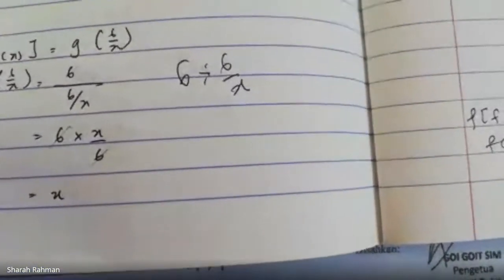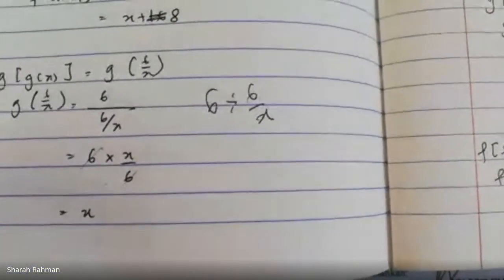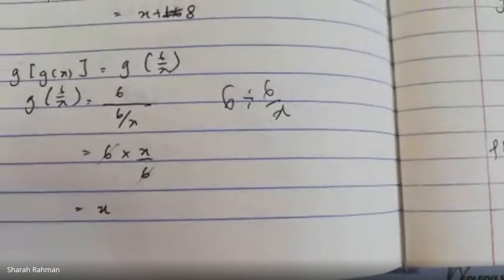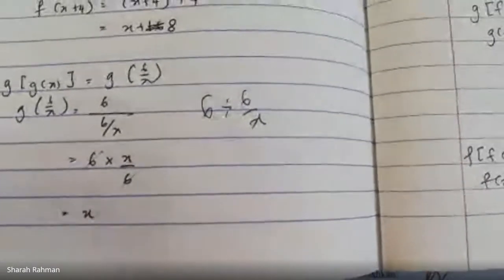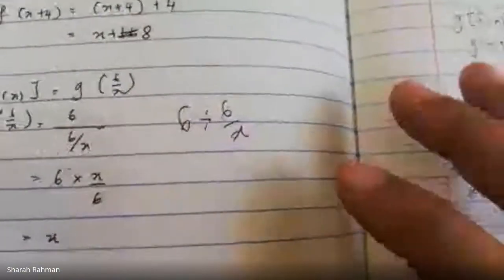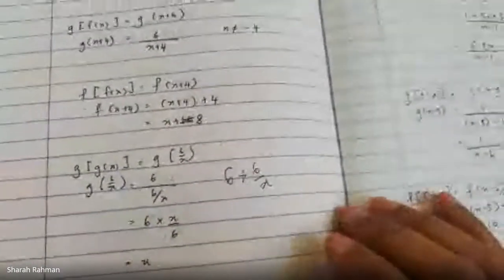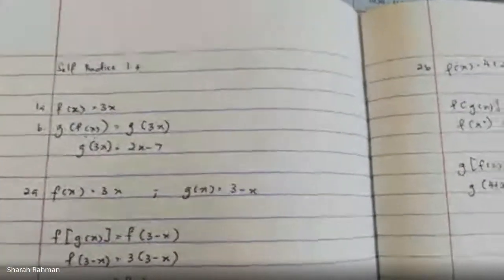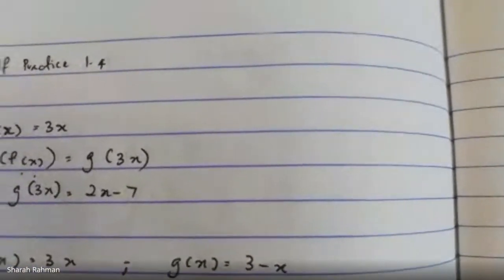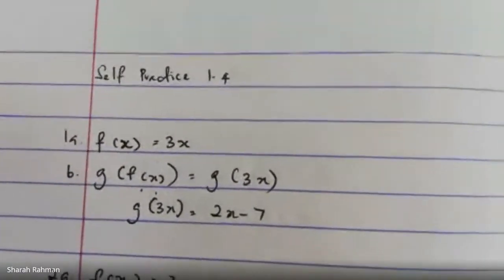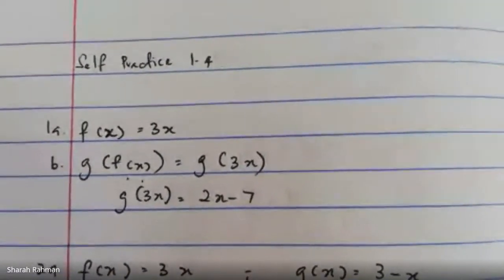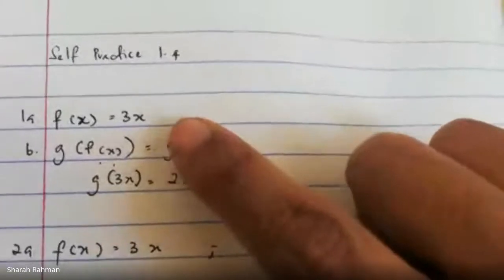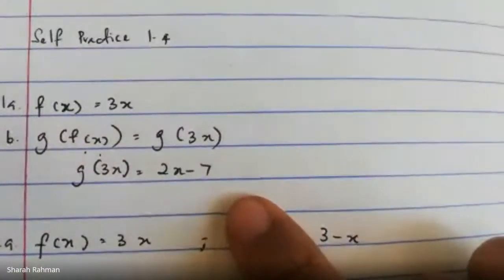Okay, Alia, that clear? Okay. So, the others, got any problem? I already showed you the answers for 1A and 1B. So, this is 1A, this is 1B. So, you may mark your answer.